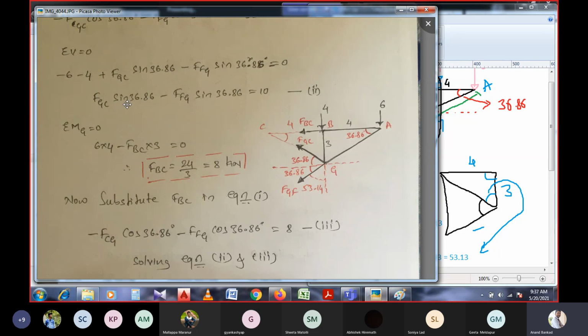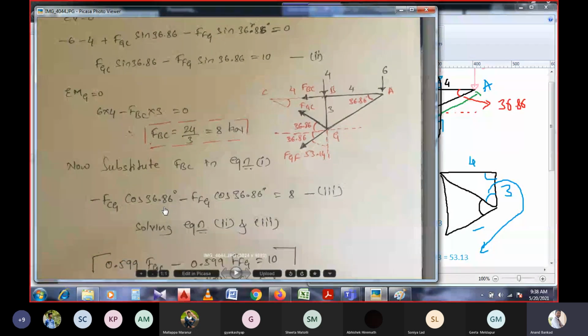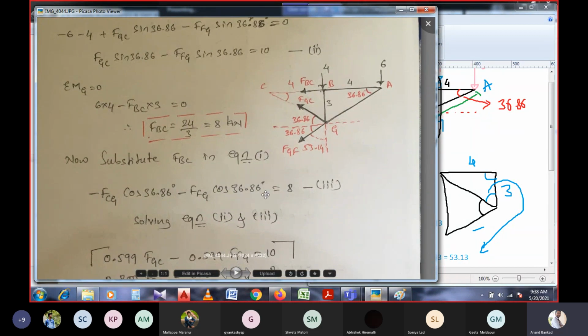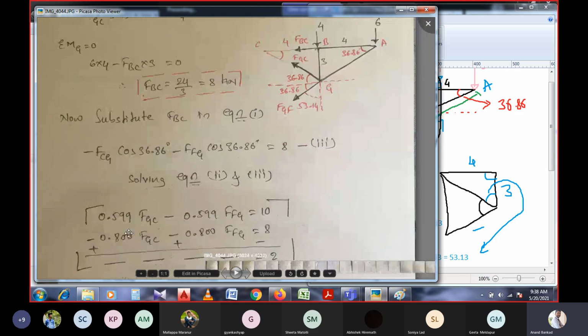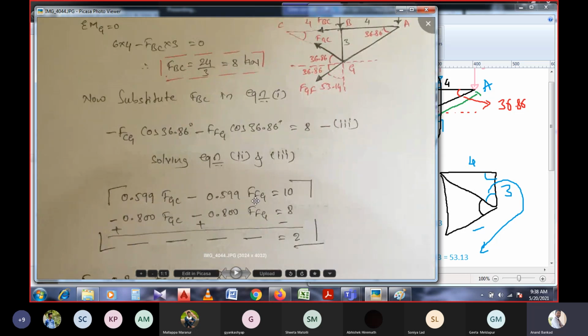So if we consider these two equations for adding or subtracting, we cannot do this because the coefficients are different. Either adding or subtracting is not possible.